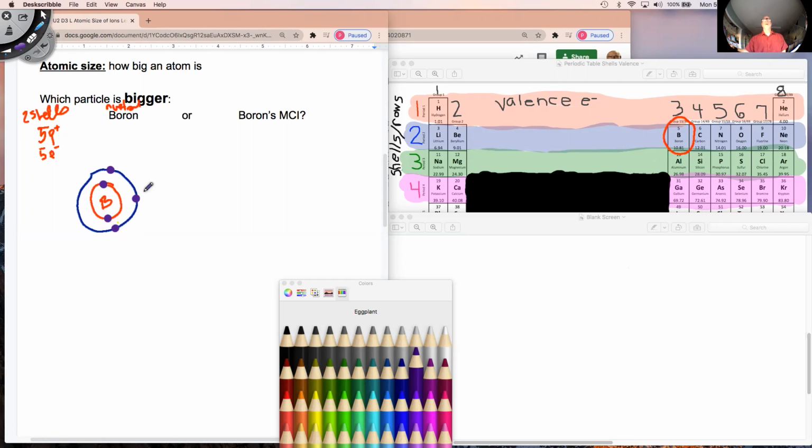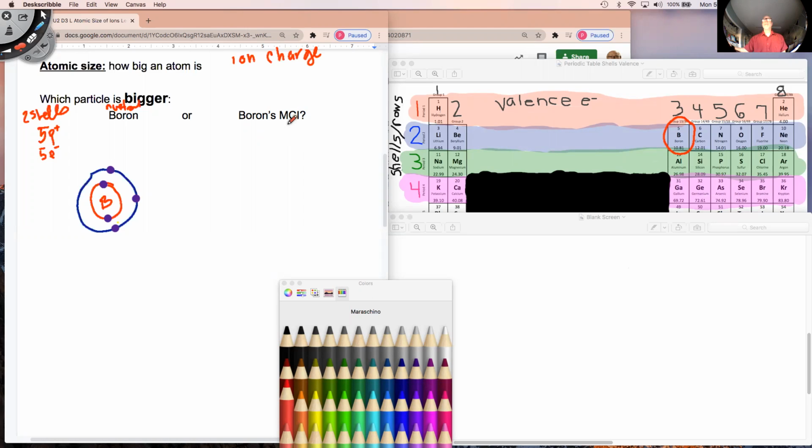Now, to draw boron's MCI, which is also known as its ion, remember an ion is a charged particle. Things are charged like +2, +3, Na+, Cl-.